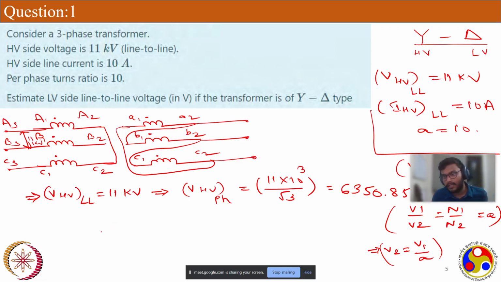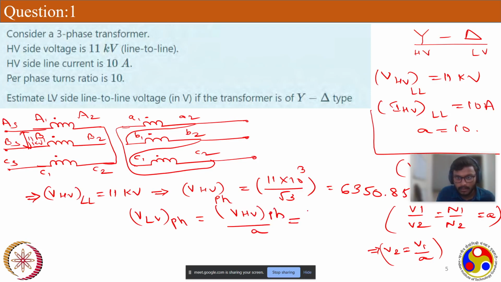If I have the turns ratio, it will be very easy. So my LV phase voltage is equal to VHV phase divided by A, that is 6350.85 divided by 10, which will be 635.08 volts, right?